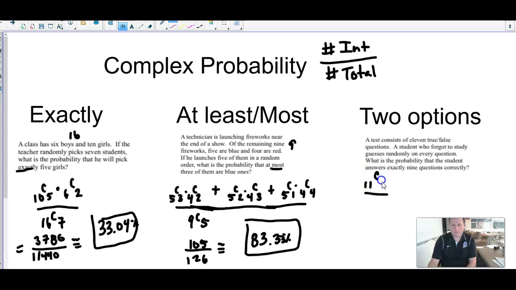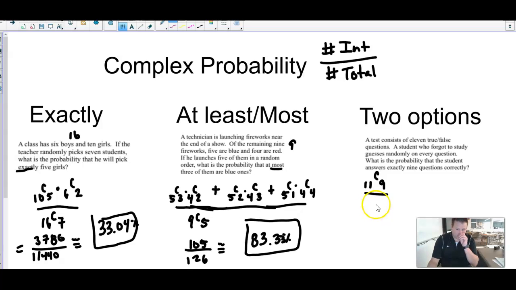So 11 combinations of 9 would be my numerator, and then I could times it to the number that would be wrong. But if it's just one option or the other, that means this is the only way to choose those combinations because the other ones have to be wrong. So I don't have to take into account all these other situations here. So it's just 11 combinations of 9.